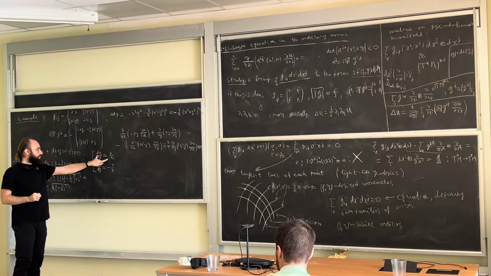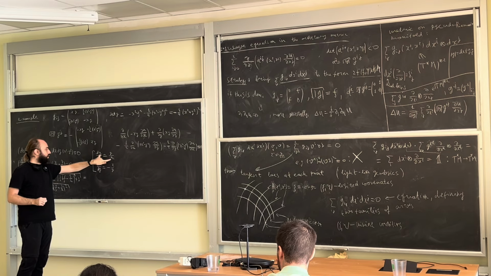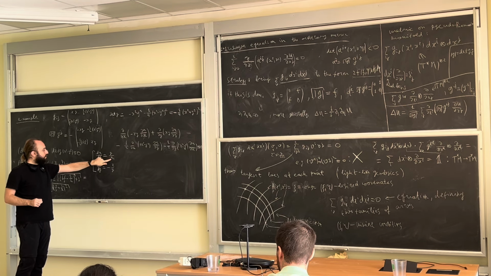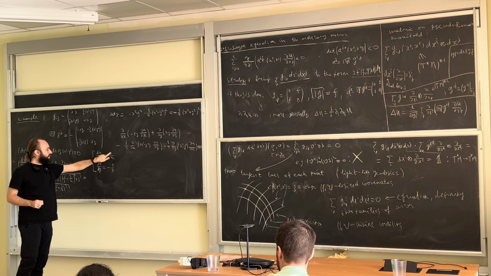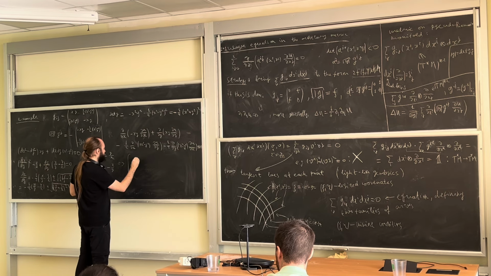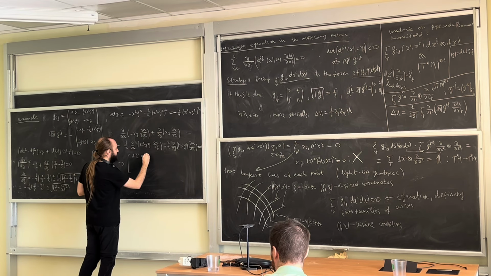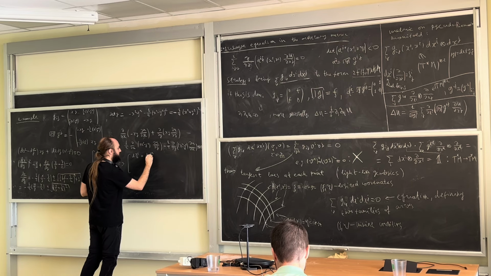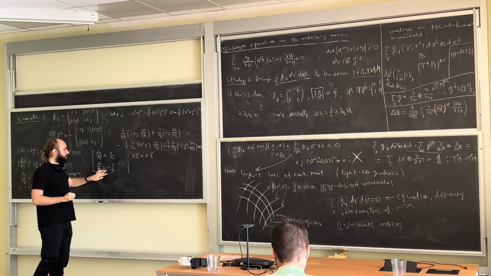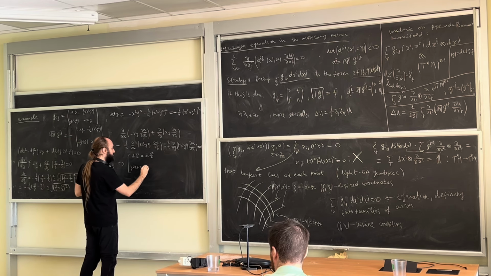If you want to solve them, we simply combine x dx, y dy, and this equation becomes d of x squared over 2 equals d of y squared over 2. And the other equation becomes y dx plus x dy equals 0.